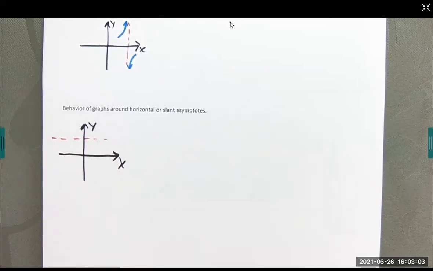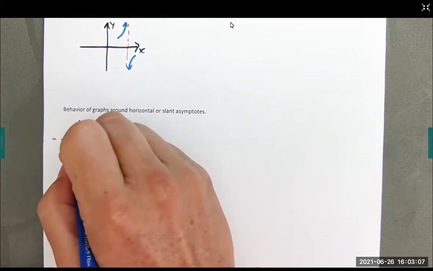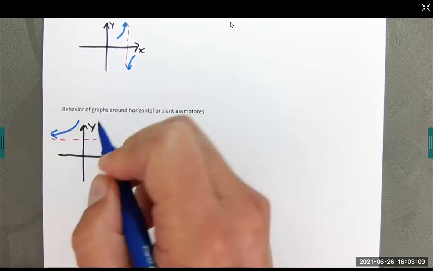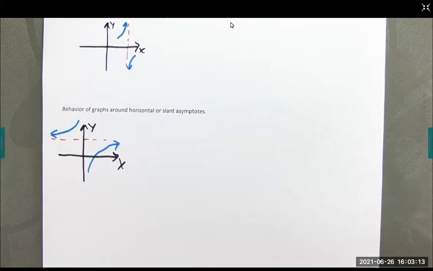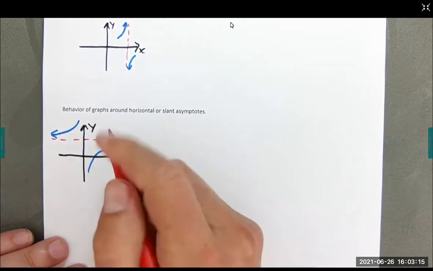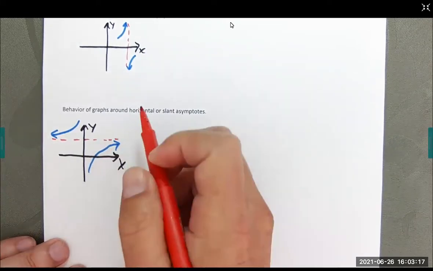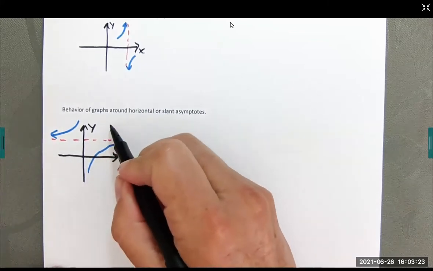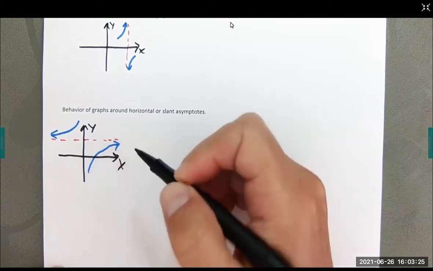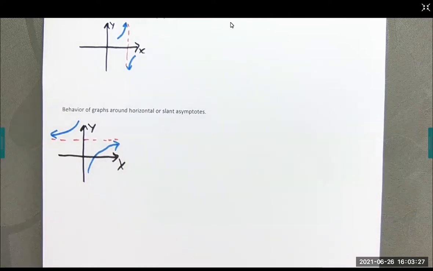And the behavior is going to be something like this, or like this, something to that effect. For what we're doing, they're not going to cross, but occasionally they can actually come and pop up over and then become an asymptote like that. But again, for this course, I don't think we're going to run into any of those.